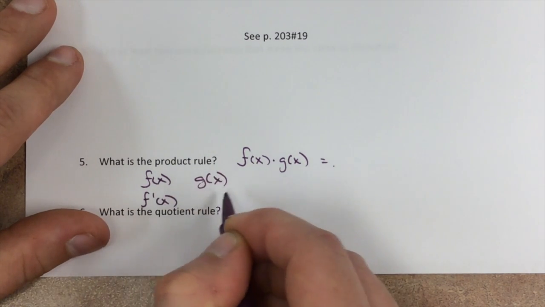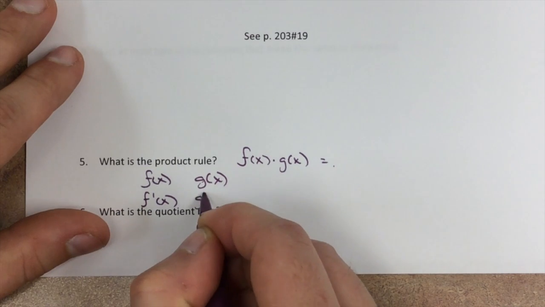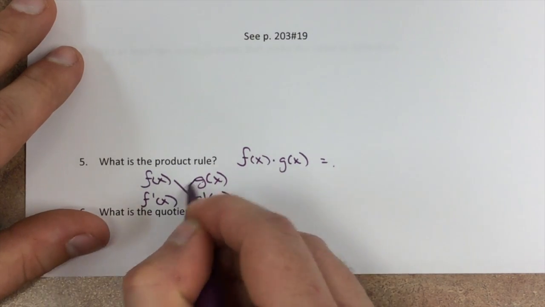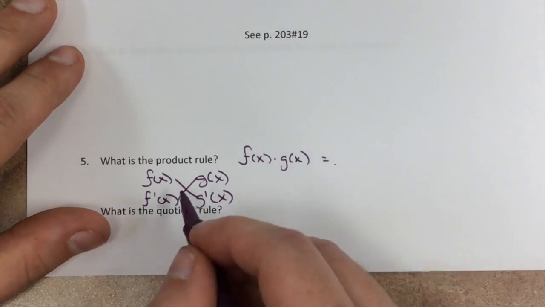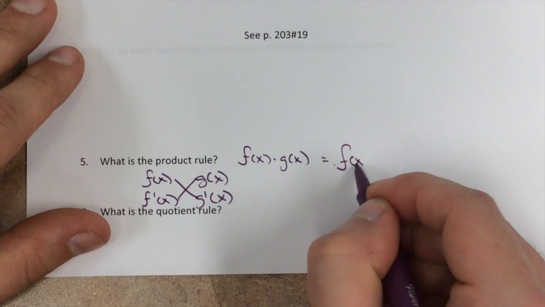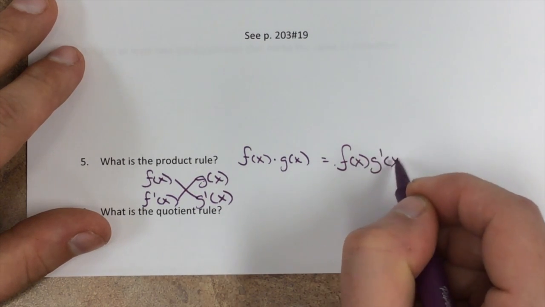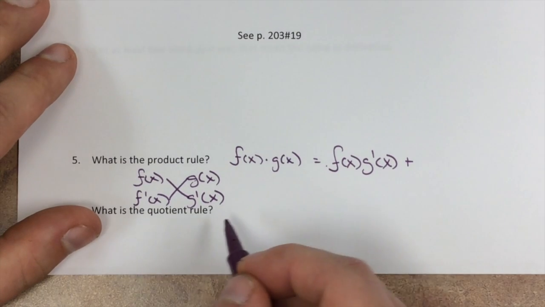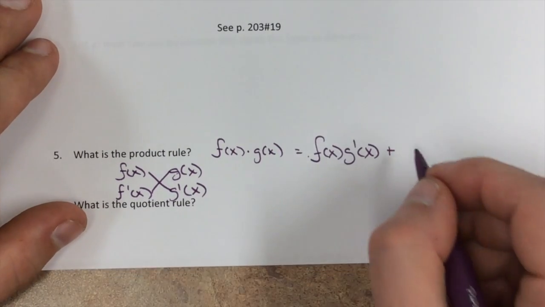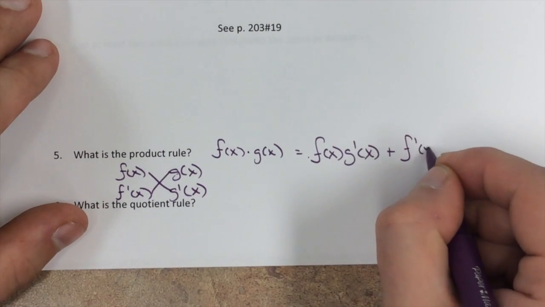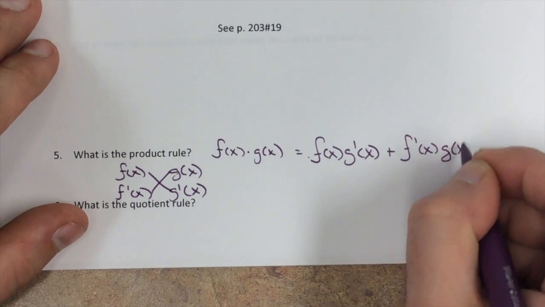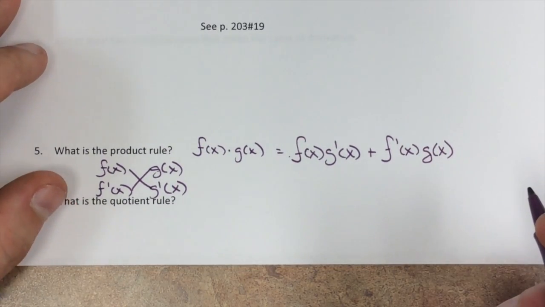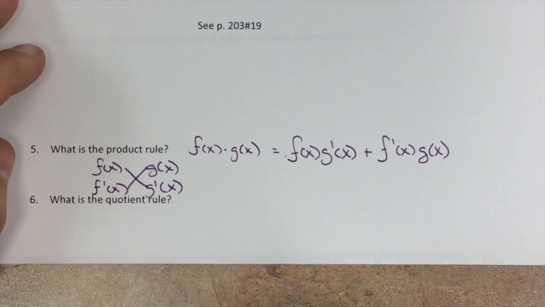Take our second function, derivative of the second function, crisscross applesauce. So it will be f of x, g prime of x, plus f prime of x times g. Pretty simple. Crisscross applesauce.